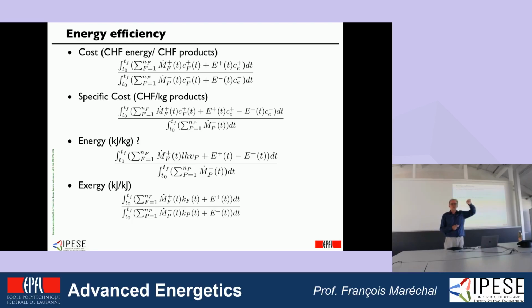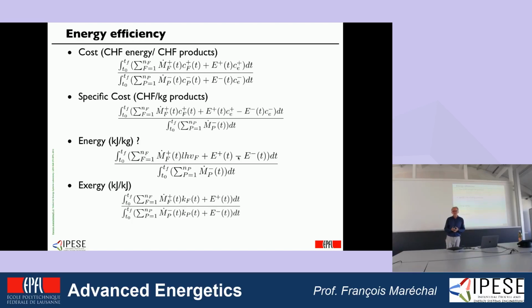It's not only one. And here I'm also adding something which is sometimes difficult to accept: the fact that I'm going to sum the lower heating value of a fuel with the electricity that I'm producing. And we have the intuition that as I can burn the fuel to produce electricity, I will have less electricity than the amount of energy in the fuel.